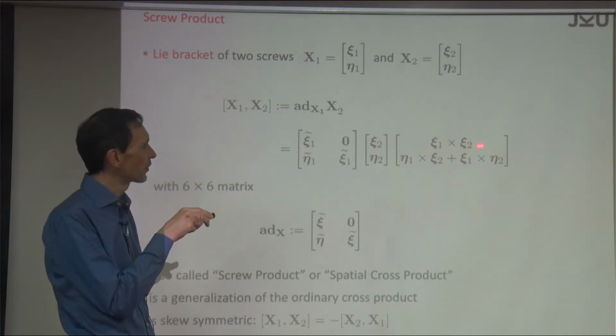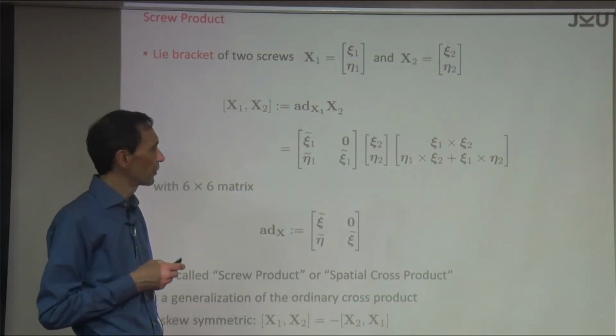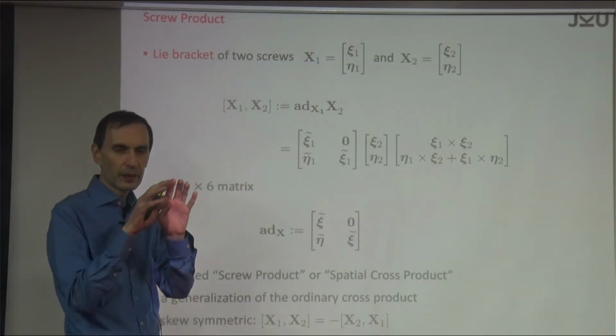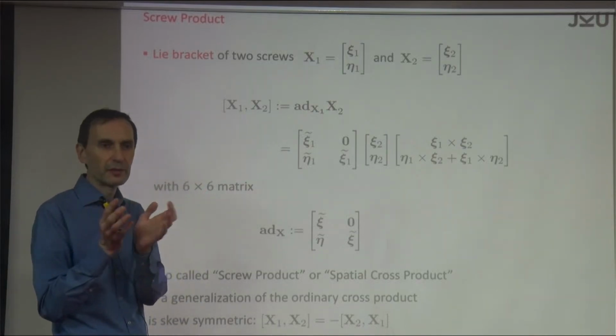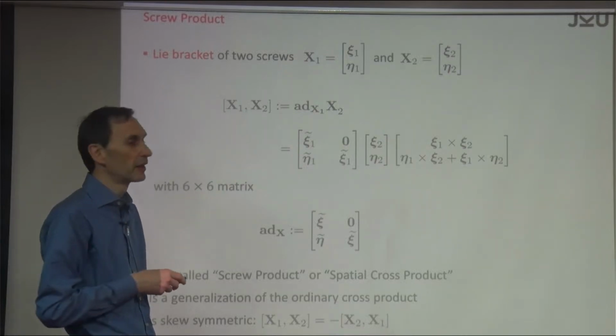Because this is linear in C2, this is linear in C2, and this is linear in eta 2. And every time an expression is linear in some factors, you can write it as a matrix times a vector. That's what we do here.